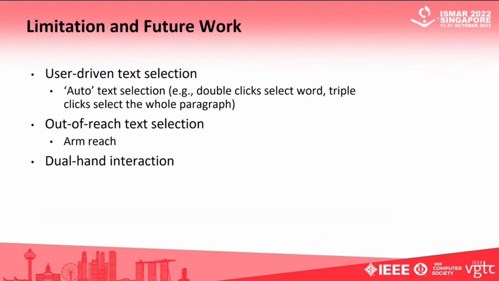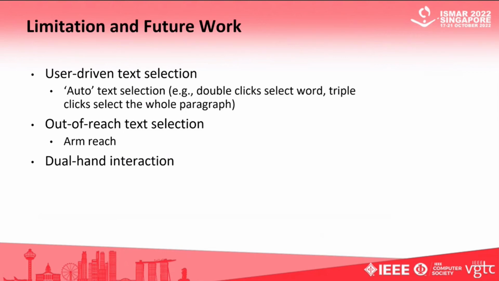We do have several limitations, and we also use these limitations to point our direction for future work. In our study, we focused on user-driven text selection. That means the user needs to select the text while moving to make the selection.